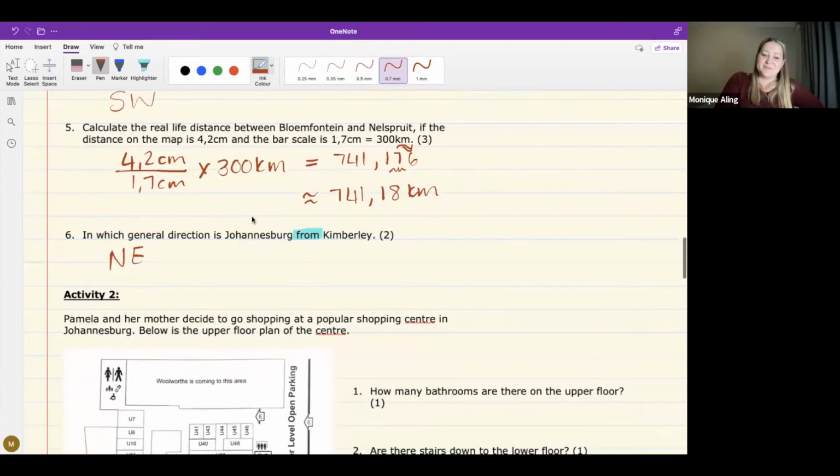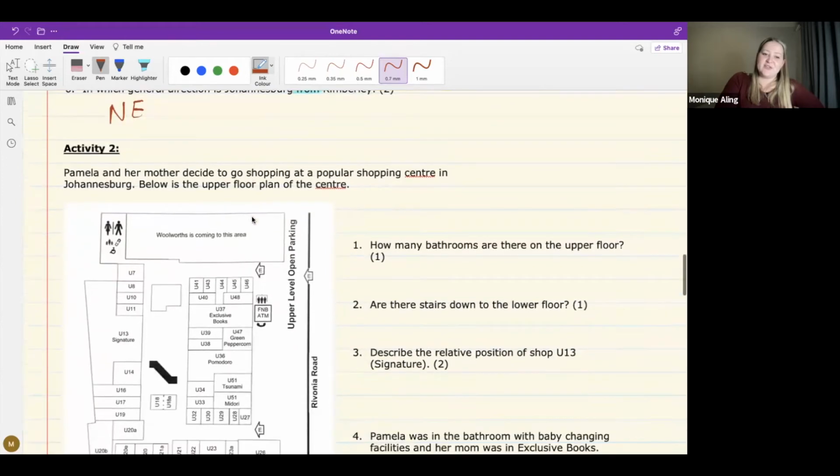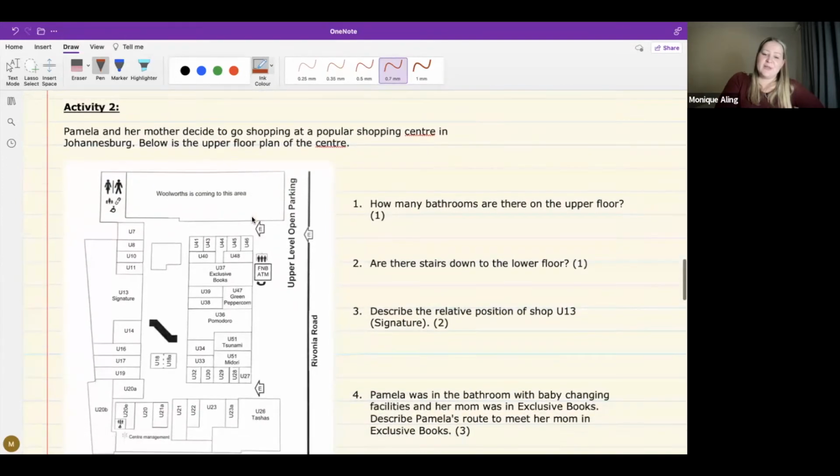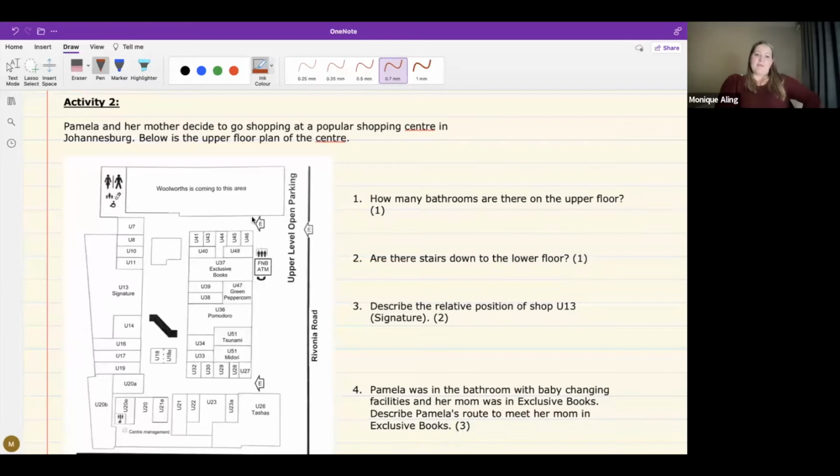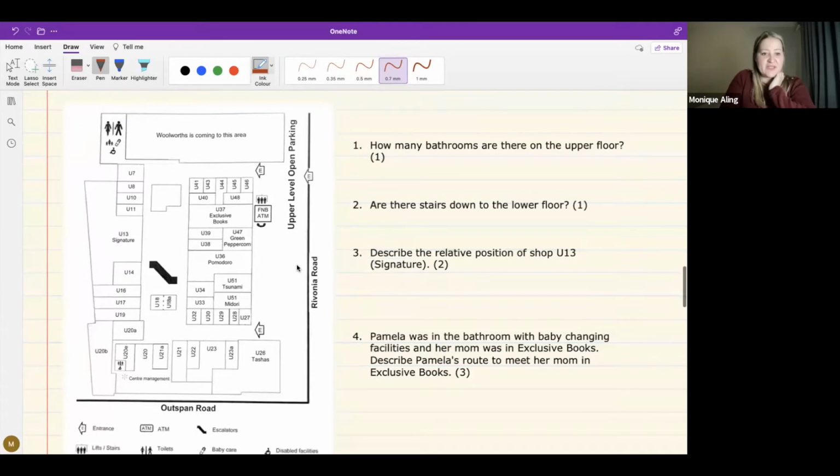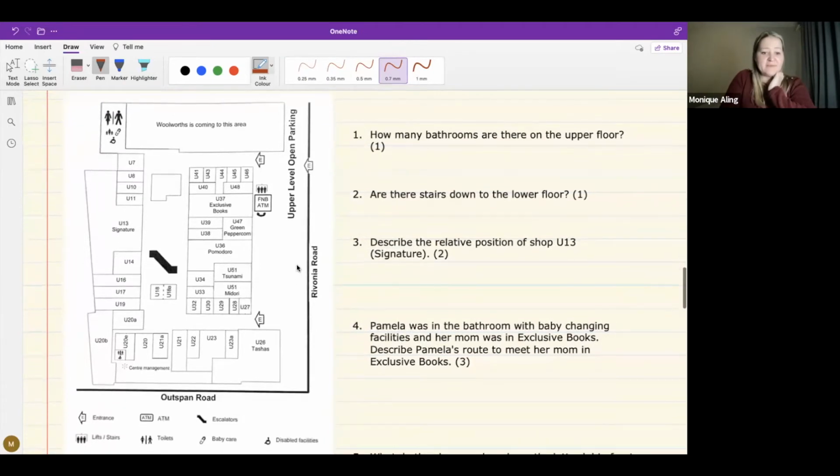All right. So activity 2. Pamela and her mother decide to go shopping at a popular shopping center in Johannesburg. Below is the upper floor plan of the center. So I'm just going to scroll up a bit so we can see the whole plan. Take a moment to quickly look at it, see what they've given us, check out the symbols.